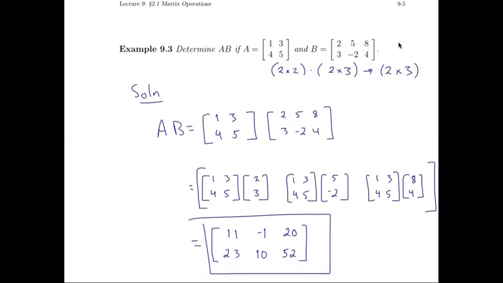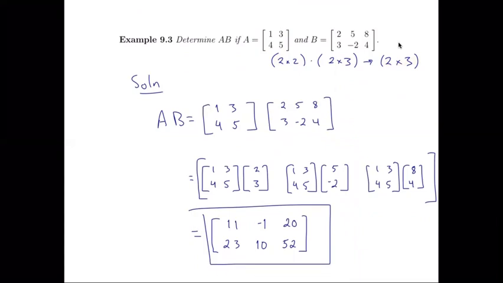So in order to carry out the multiplication as defined on the previous page, remember that we're going to do A times B as A times each of the columns of B. So this is A here times B1. The second entry of this matrix is going to be A times B2.